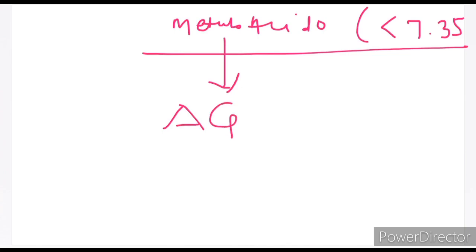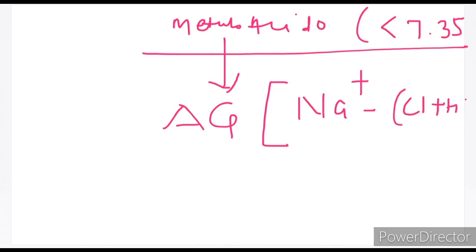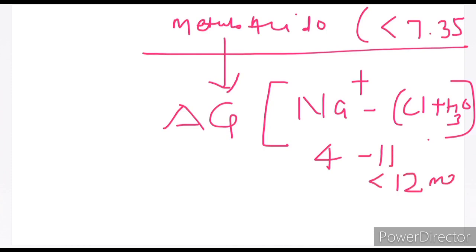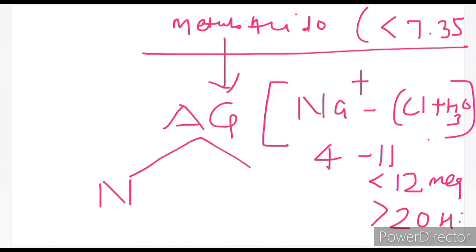Anion gap is calculated by the formula sodium minus chloride plus bicarbonate, and the normal level is 4 to 11. Simply remember, less than 12 is normal anion gap and more than 20 is high anion gap usually. So either we have normal anion gap or we have high anion gap.